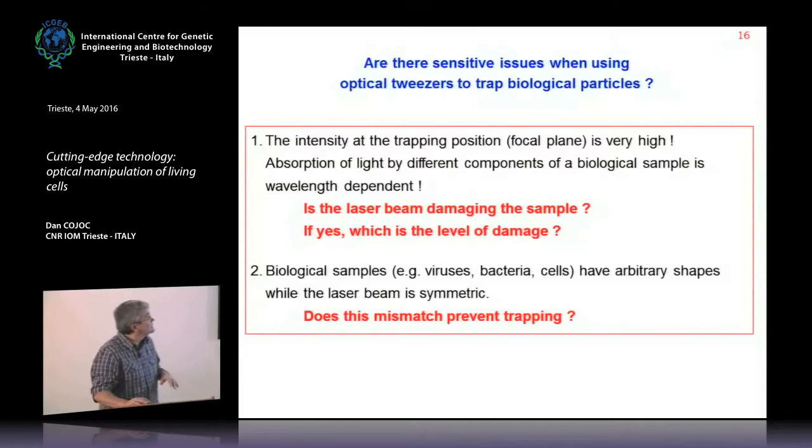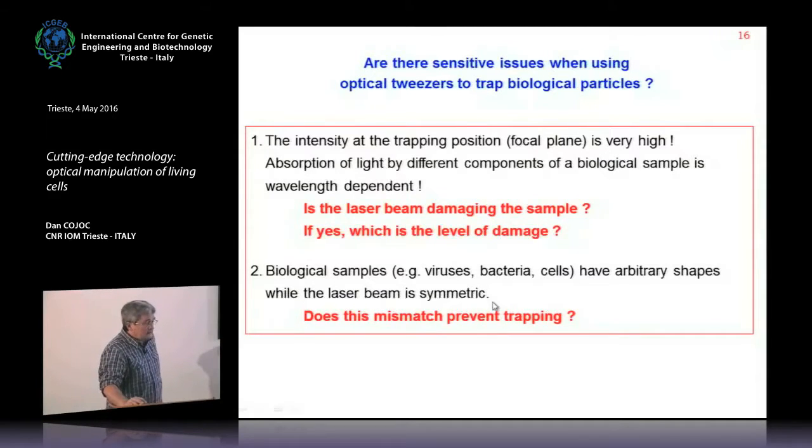They should be the same. So care should be taken about what is damage. Maybe it is damage from one point of view, but from what I am interested to study, it is not, and it works.